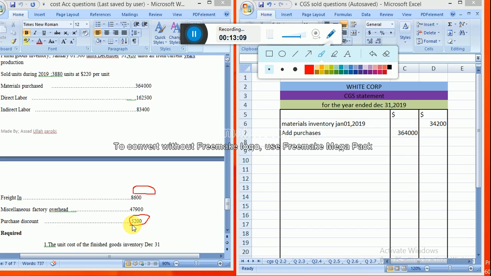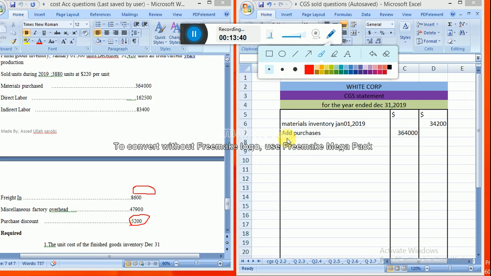What does it mean by purchase discount? It means that the 3,64,000 we made the purchases, but in this 3,64,000 we got the 5,200 discount on purchase. It means that the company did not pay this amount. So when the company did not pay this amount, we will deduct this from the purchases.